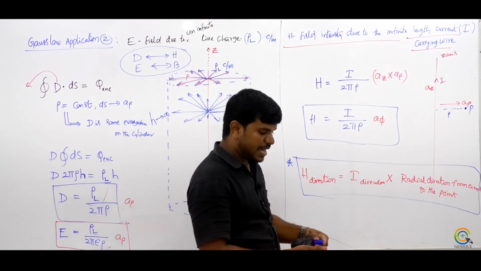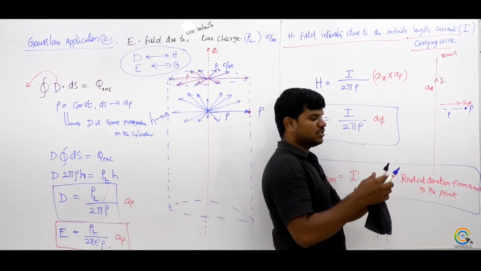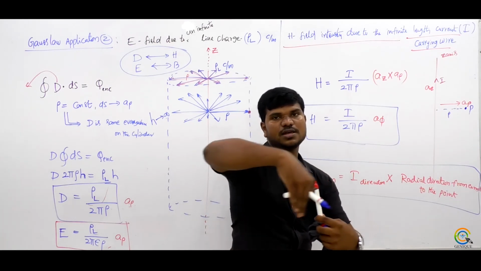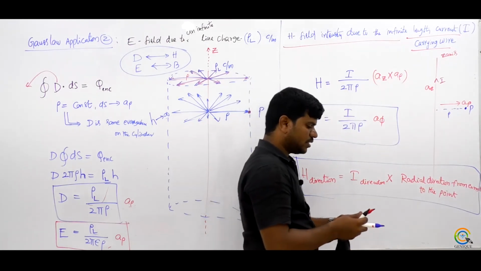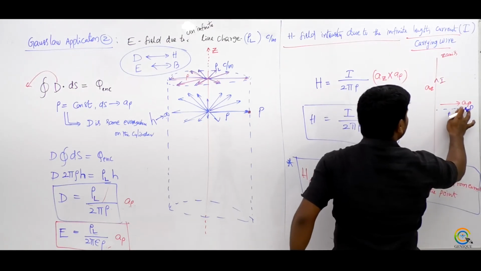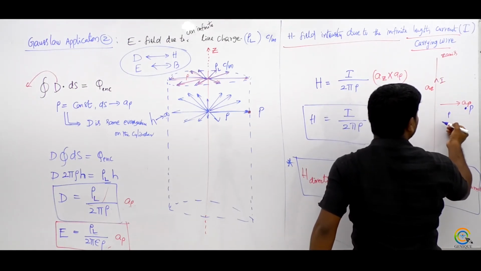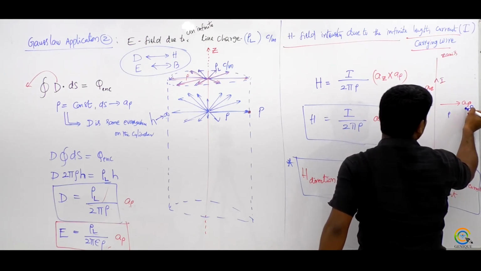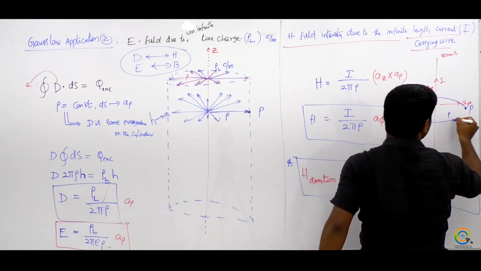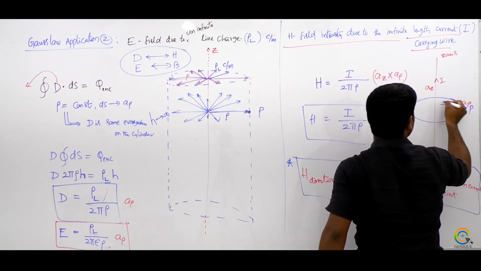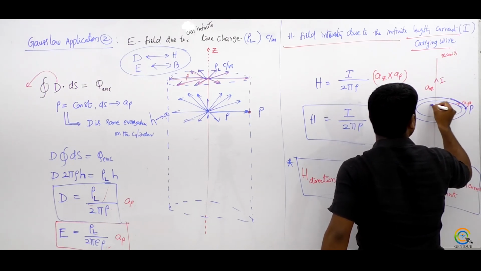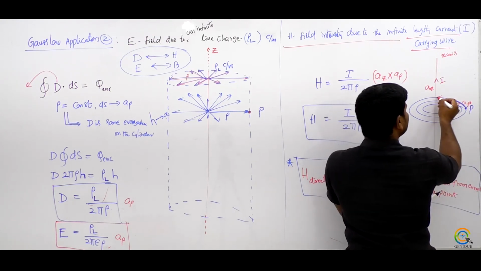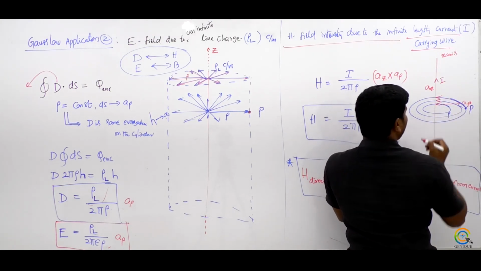Now what is the a_phi direction? If the Z axis is the line, the a_phi direction is tangential around the Z axis. That means the magnetic field will be like this. Understand? So it is in this direction.